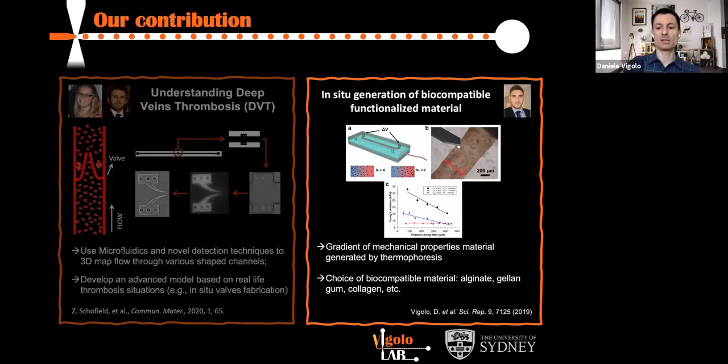So that's more or less the idea behind this project, keeping in mind that real tissue in our body is much more complicated and complex than standard uniform hydrogel, for example.